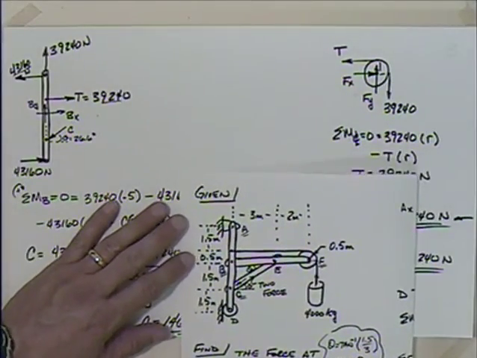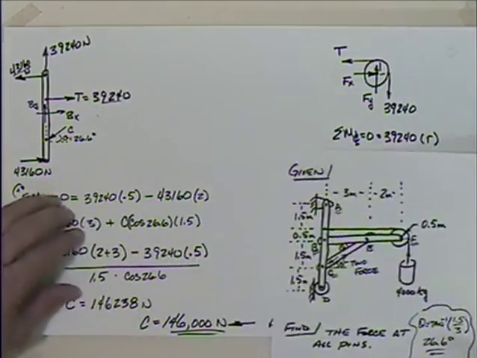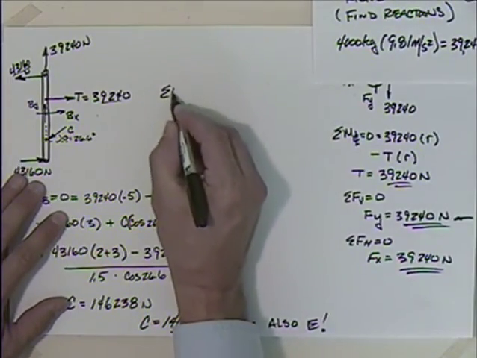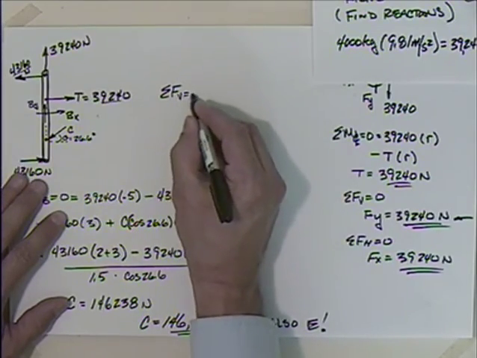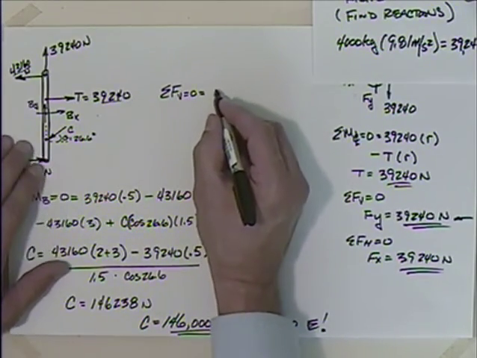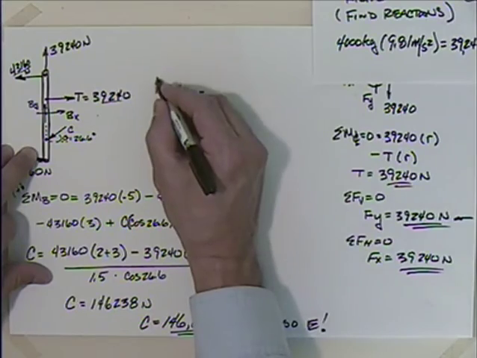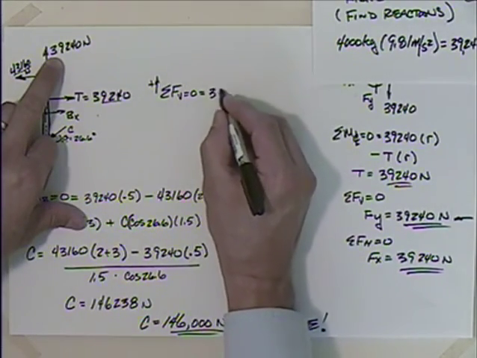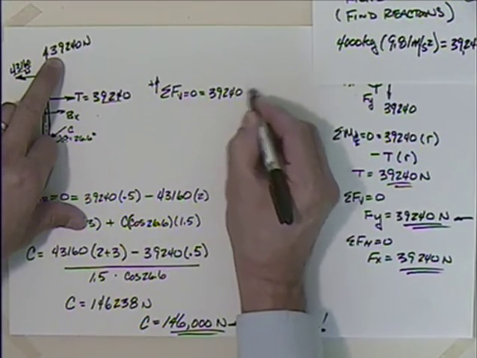So what are we going to get with Bx and By? Okay, set this aside. If I sum the forces in the vertical direction, setting that equal to 0, what do I have? I'll take positive up. I have then 39,240.